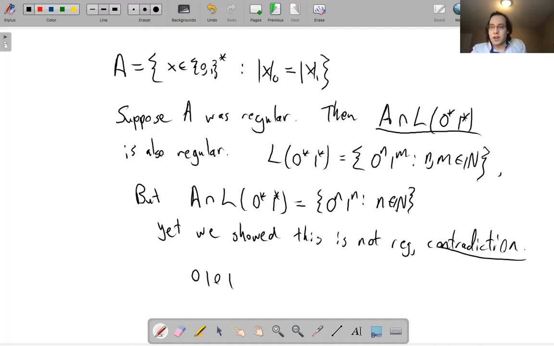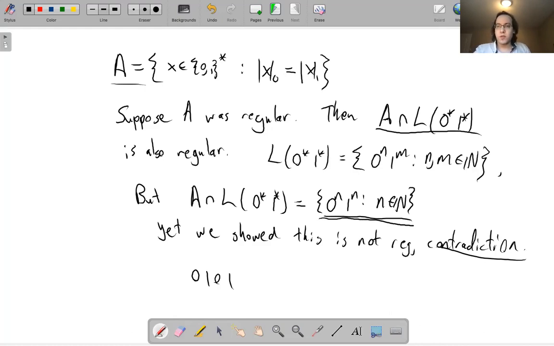But when we intersect it with this regular language, it becomes simpler. It just becomes the language 0^n 1^n, which is easier to show is not regular. In fact, we already showed it. So this is another useful way to show that a language is not regular. Here we showed A is not regular only by appealing to this language not being regular, which we've already seen, plus the closure of regular languages under intersection.